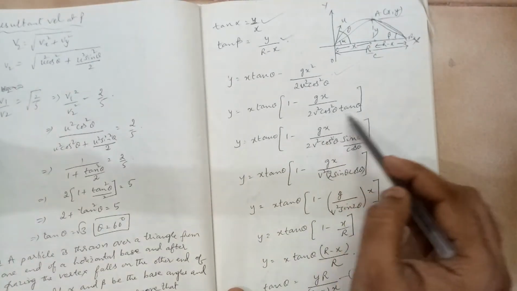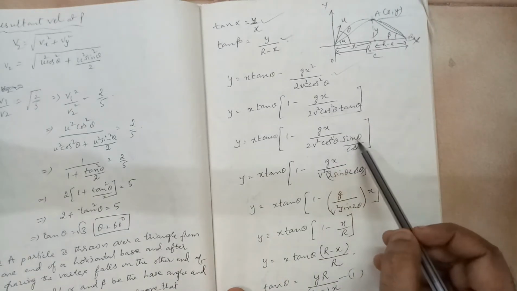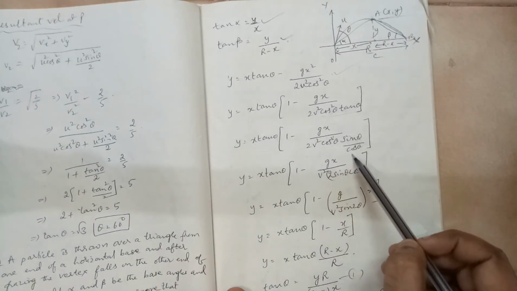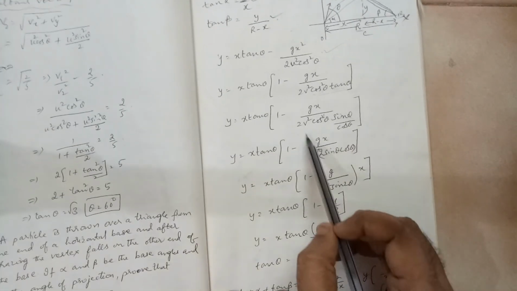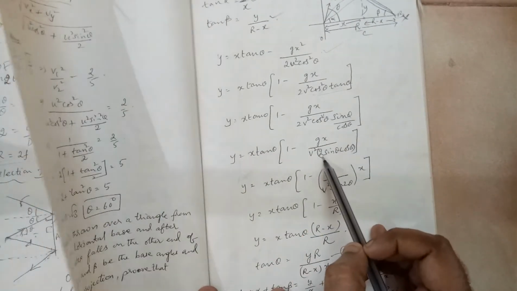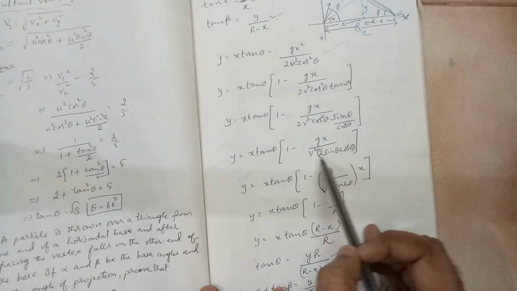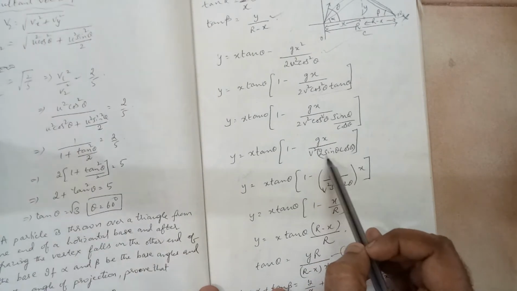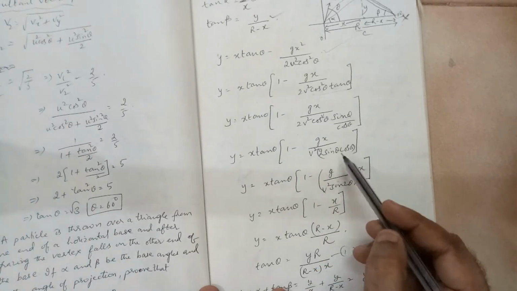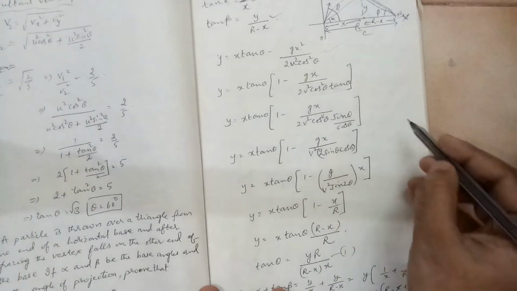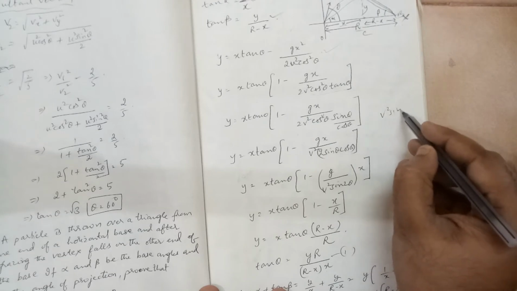Now this term we will simplify. It is cos square theta into sin theta by cos theta, so it is sin theta cos theta. Already 2 is there, so it is 2 sin theta cos theta. So it becomes u square sin 2 theta by g, which is R. We already know this.